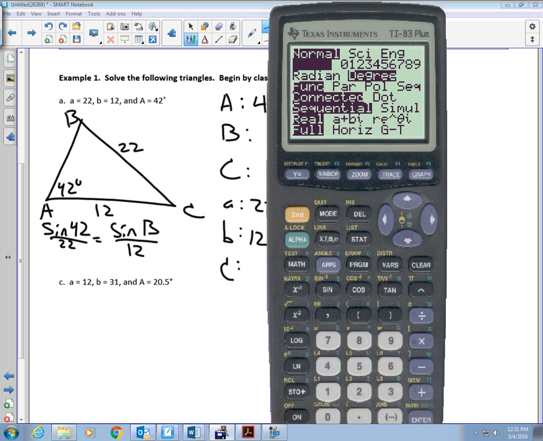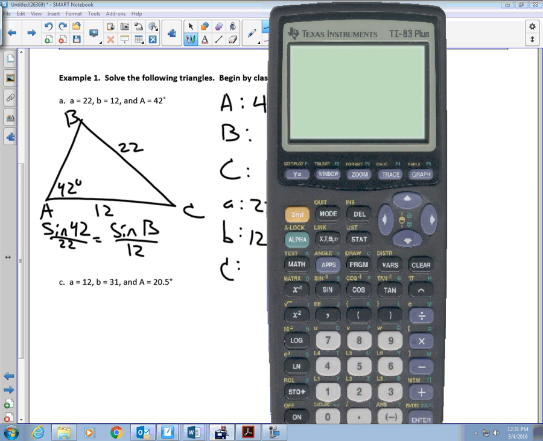Yep, degrees. 12 sine 42 divided by 22. I get 0.3650. Can sine be equal to 0.3650? Yes, it can be equal to that. So I do have a possible solution.